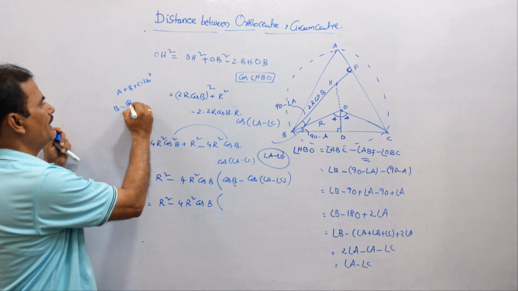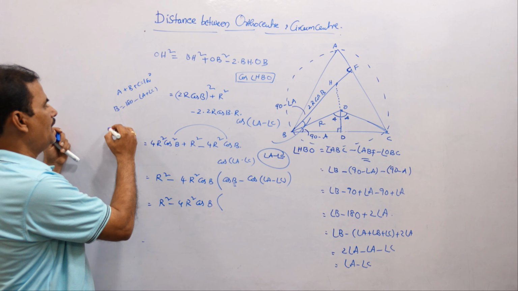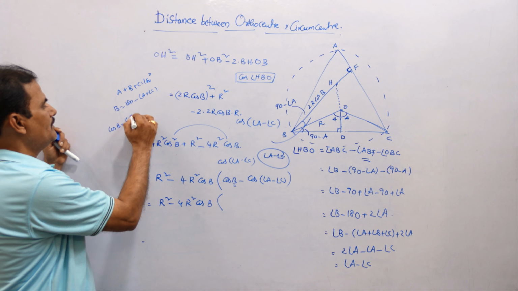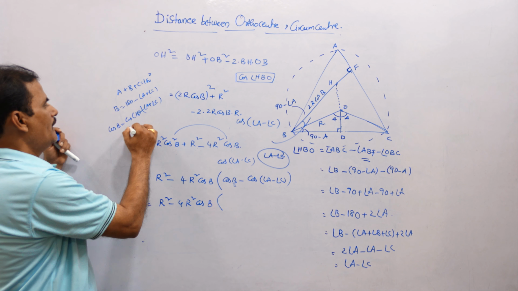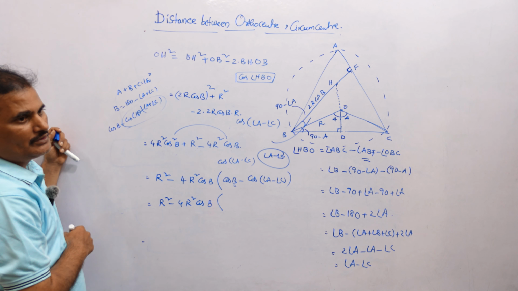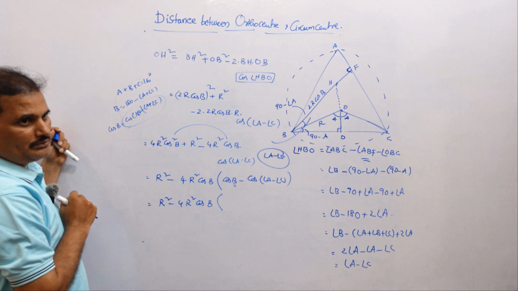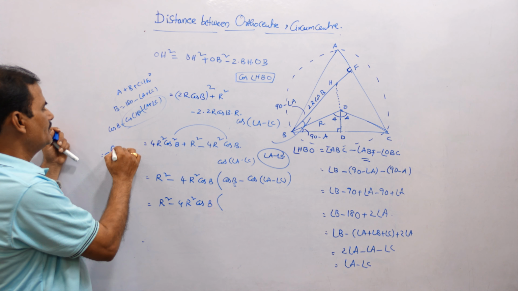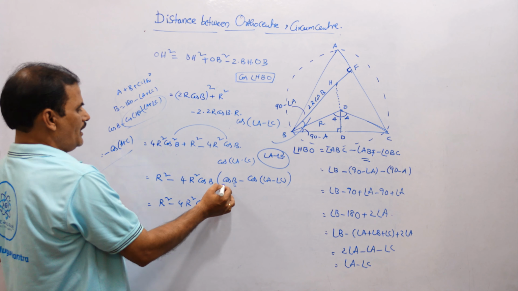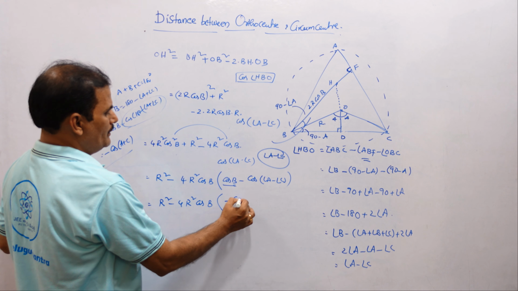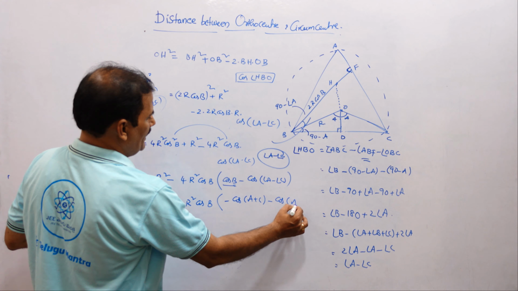B is equal to 180 minus the angle A plus C. We obtain cos B is equal to cos of 180 minus A plus C. 180 minus theta lies in the second quadrant, where cos is negative. Therefore cos B is minus cos of A plus C.